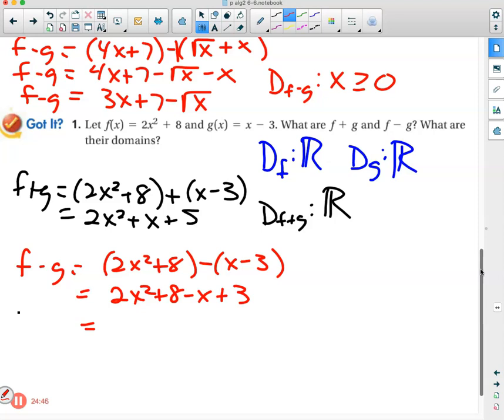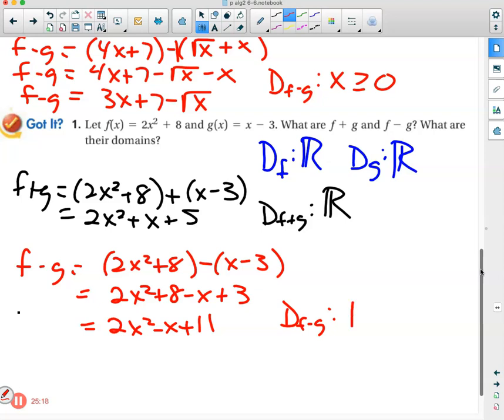And what do we have that we can put together in this one? Yeah, except this time it's a plus 8 and a plus 3, so. Domain time. What do we put? Yeah, all reals. Works in both.